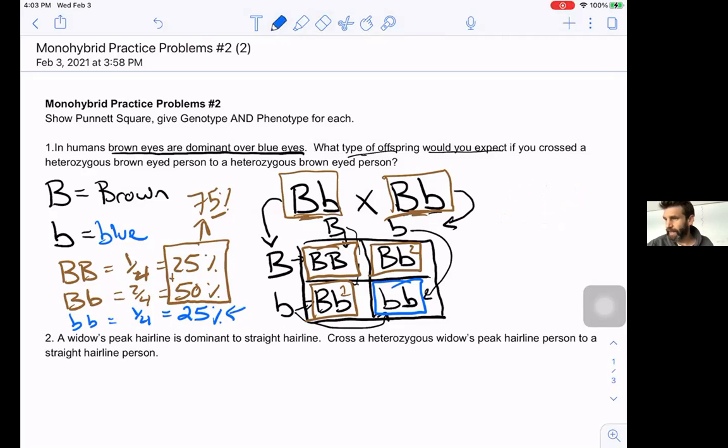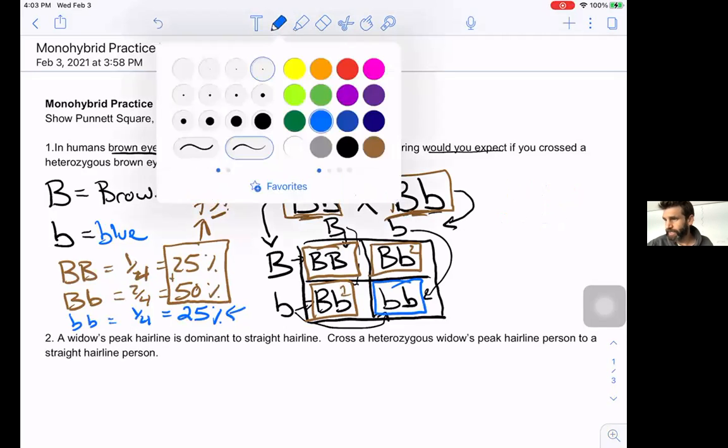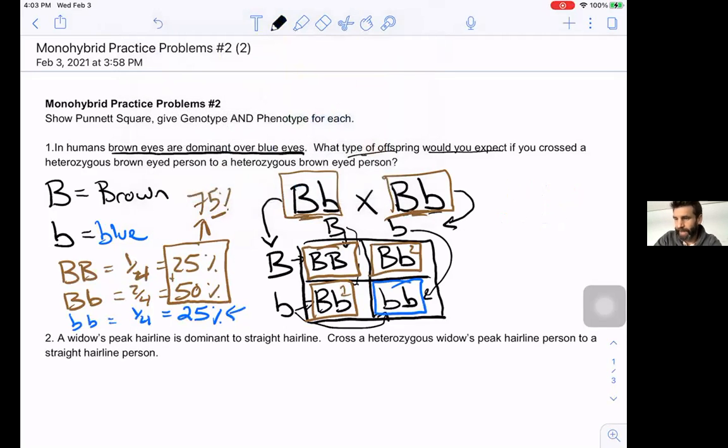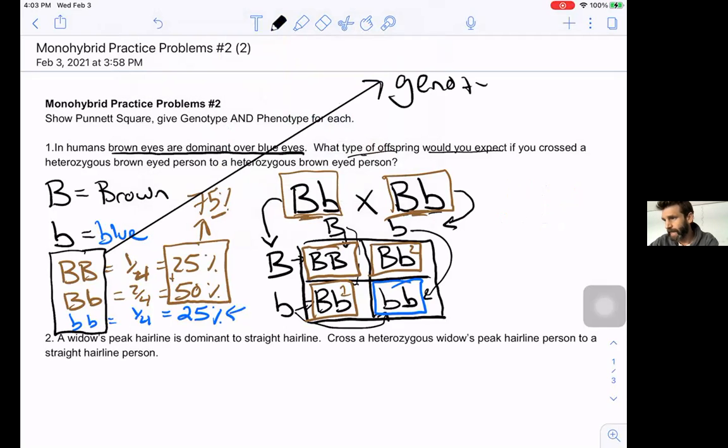The one other thing I want to mention is these letter combinations here. These, I'm going to write up here. These are known as the genotype, for the genetics.